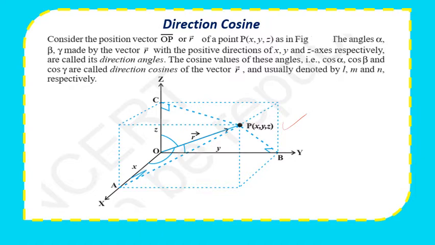And the cosines of these angles, that is cos alpha, cos beta and cos gamma, are called the direction cosines of the position vector R. And these direction cosines are denoted by small letters l, m and n: l for x, m for y and n for z axis respectively. Clear? So pause and note down this point.